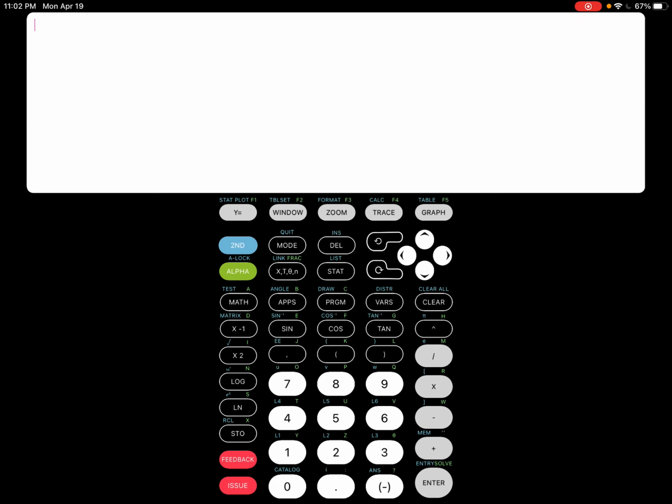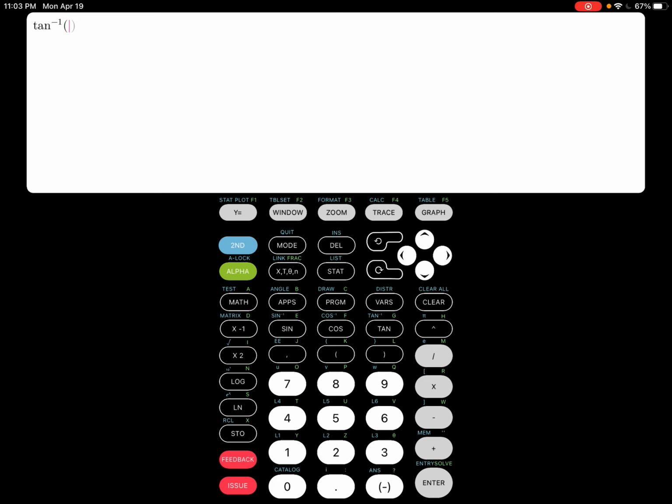So remember we had theta is equal to the inverse of tangent of 8 over 14. You're going to activate that function, since it's in blue, you're going to click the blue second button, and then click the tangent button. So second and tangent brings up the inverse of tangent.